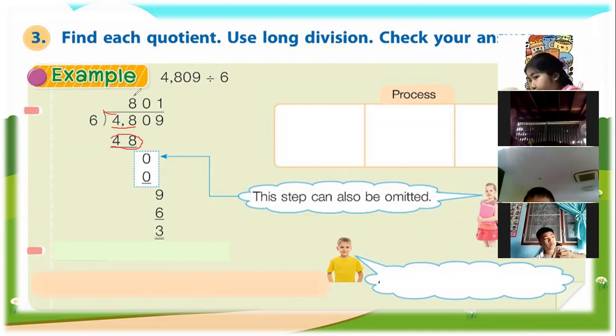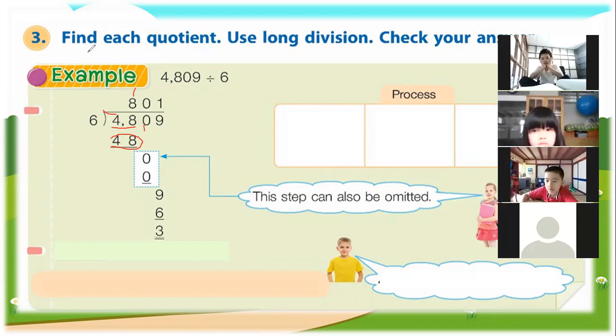Okay, you can see here. So 8 we're going to write here at the 100 place. Okay, now we're going to do 0. We can use the table here. So 6 multiplied by 0 becomes how much? Zero. Exactly. 6 multiplied by 0 is equal to 0. So you can see here, 0 minus 0, this step can be omitted. So 0 we're going to write here at the 10 place. Now we will bring down the ones.